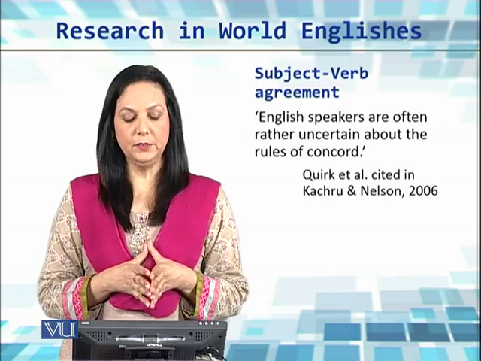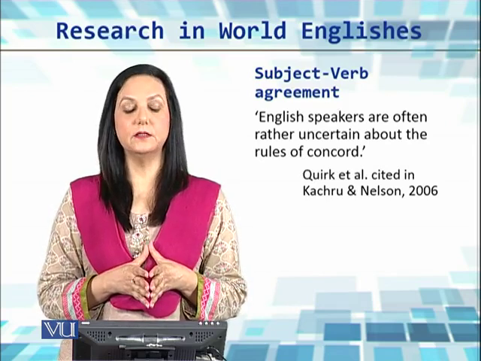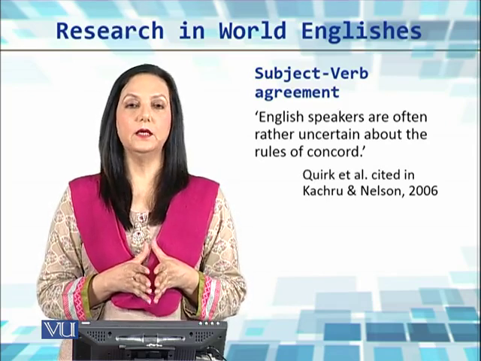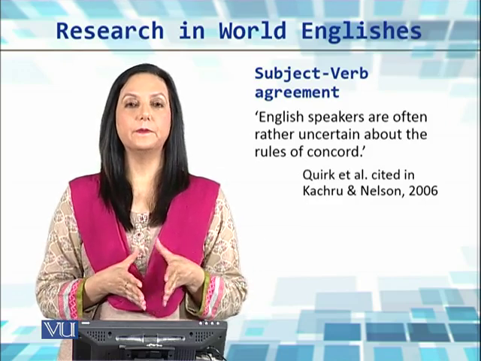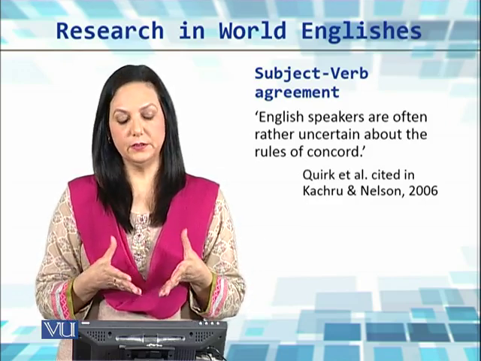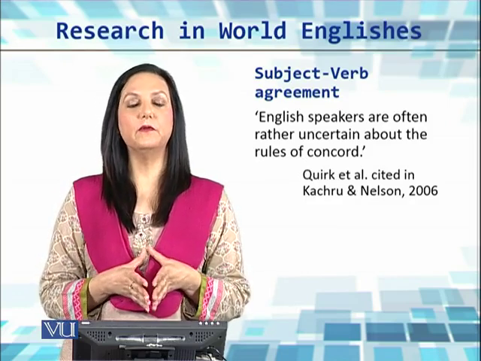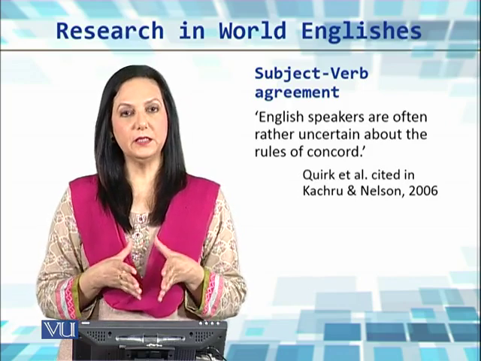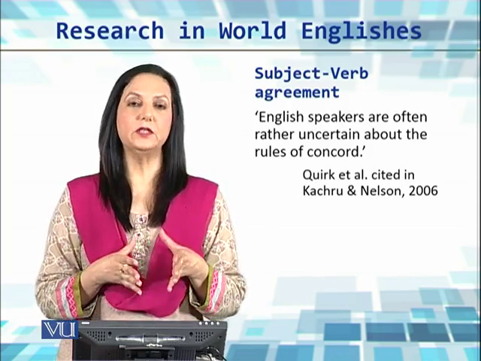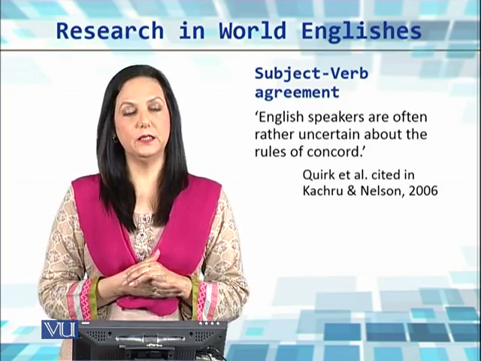According to Quirk et al., English speakers are often rather uncertain about the rules of concord, and concord is agreement. It's not only the rules of concord; the grammatical rules are often confusing. Many speakers of a language, especially English, find these rules confusing, especially learners of English.